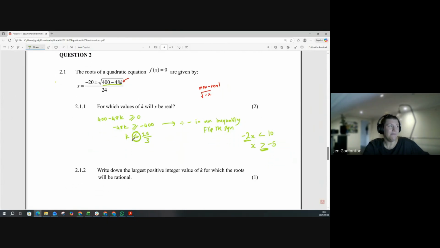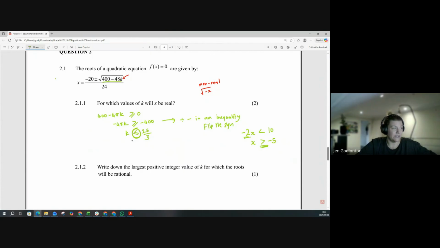So if I want something to be rational, it means that whatever is in my square root sign needs to be square rootable. So for example, a rational number, the square root of 25 is 5. The square root of 16 is 4. The square root of 4 is 2. The square root of 1 is 1. Those are all rational numbers.